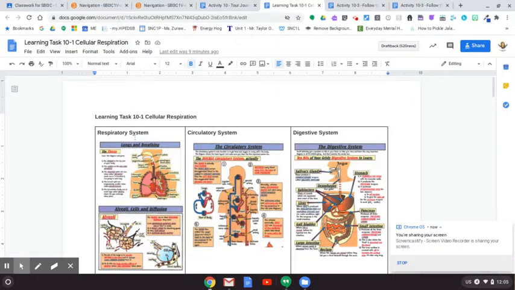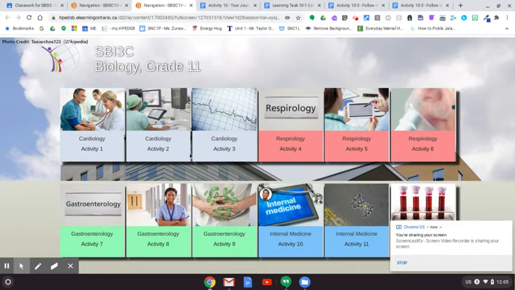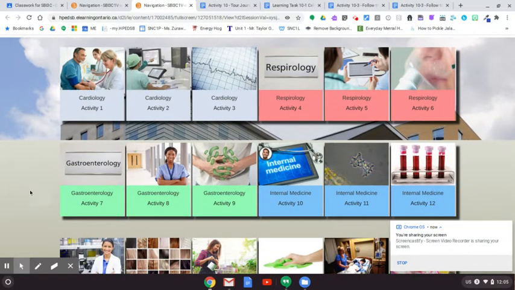All right, for cellular respiration. So let's just have a quick look at the navigation part. You guys don't have this open, but essentially, our first three activities, we were looking at cardiology and the circulatory system. When we got into activities 4 to 6, we were looking at the respiratory system.